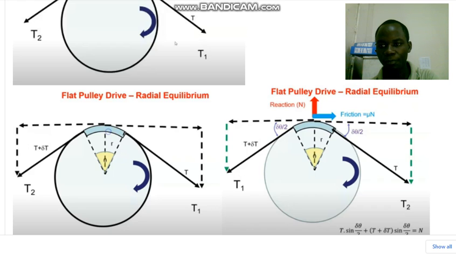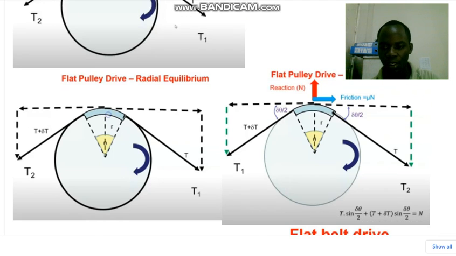Therefore, if the angle of the region of contact of the belt is delta theta, then when we resolve the tensions, the angle between the belt tension and the horizontal line is half the angle of contact, that is delta theta divided by 2.